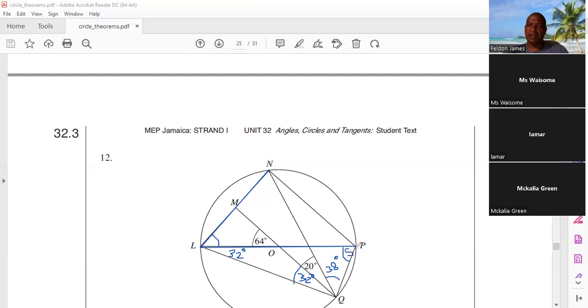So this would be 58. So by calculation, I know this. How can that help us now to determine this angle? You have to look carefully if there is any theorem there that can help you guys.